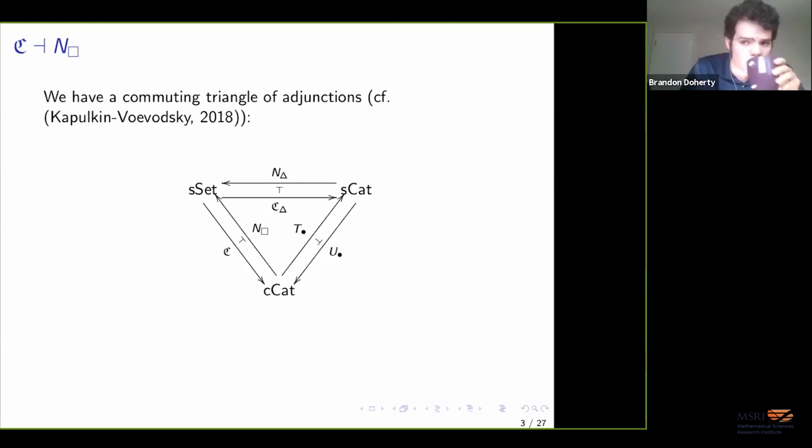So as Kapulkin and Voevodsky show in their paper on the cubical approach to straightening, we have this commuting triangle of adjunctions.